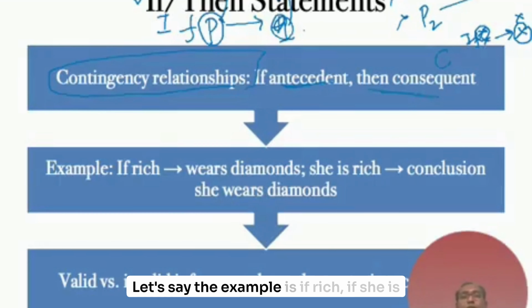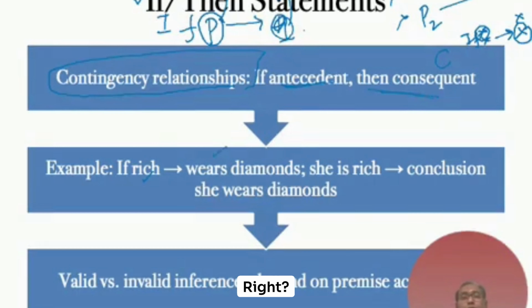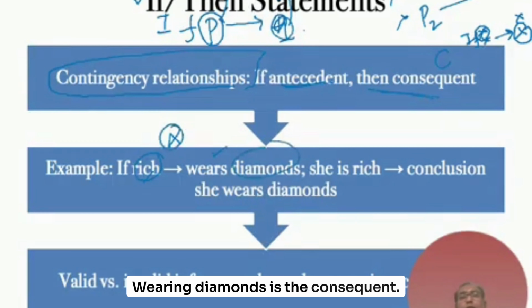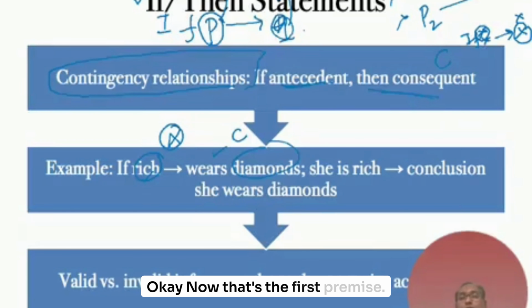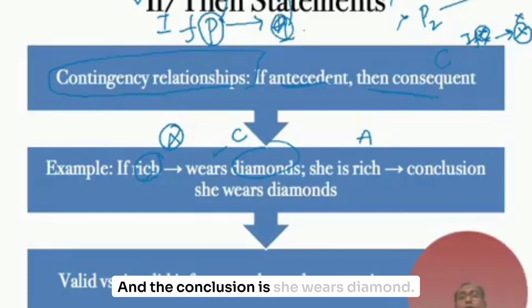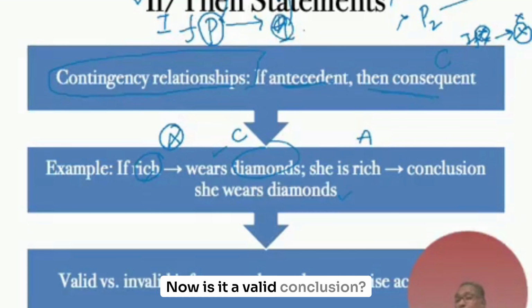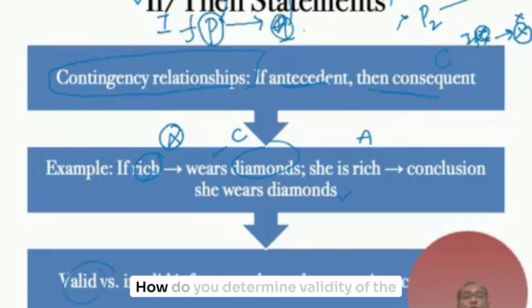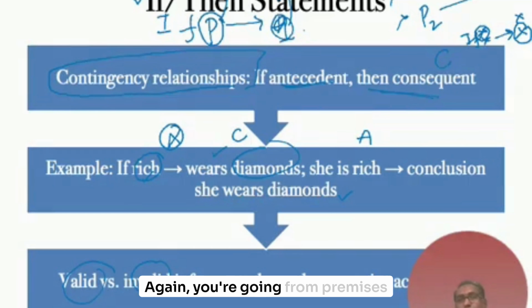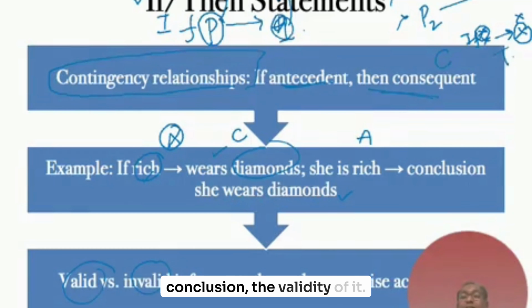Let's say the example is: if she is rich, she wears diamonds. So rich is the antecedent, wearing diamonds is the consequent. That's the first premise. The second premise is she is rich, and the conclusion is she wears diamonds. Now, is it a valid conclusion? That's what we'll talk about. How do you determine the validity of the conclusion or the inference based on the premises? Again, you're going from premises to determine the true nature of the conclusion, the validity of it.